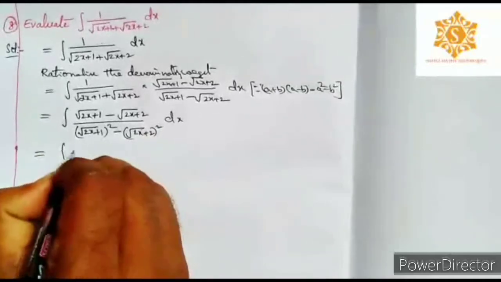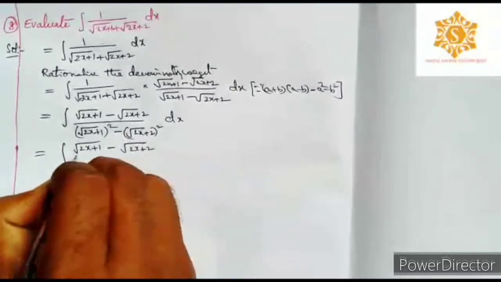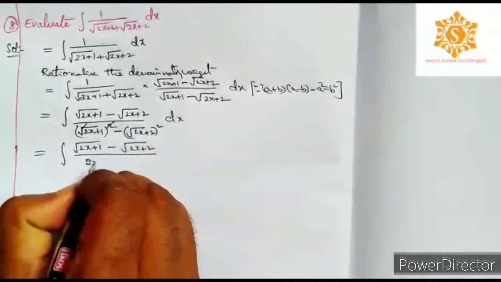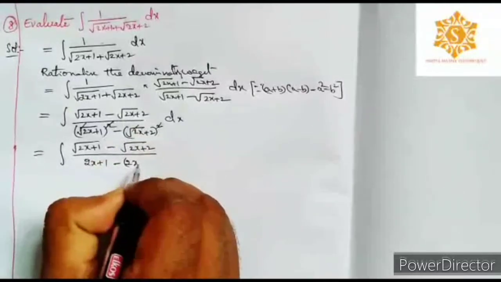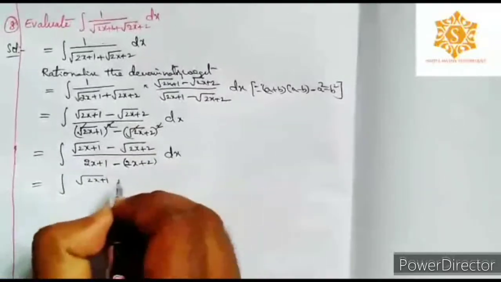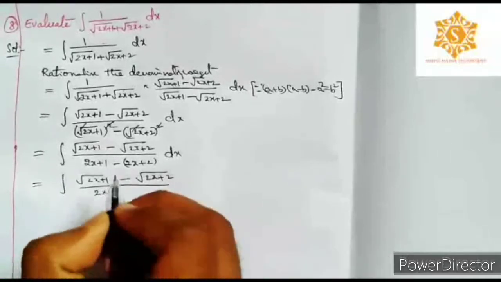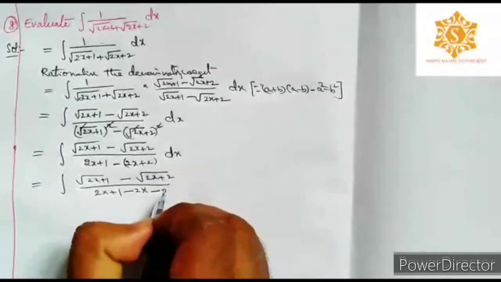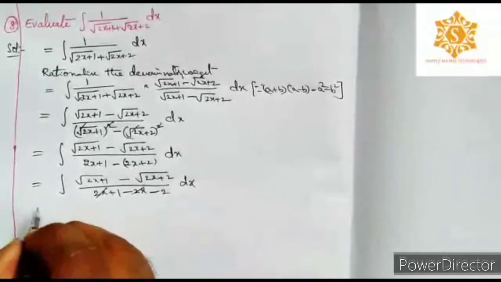So integration of square root of (2x+1) minus square root of (2x+2) by square root of (2x+1) whole squared, square and root cancel, remaining we have 2x+1, minus, square and root cancel, remaining we have minus of (2x+2), into dx. So integration of square root of (2x+1) minus square root of (2x+2) by 2x+1 minus 2x minus 2, into dx. 2x minus 2x cancel, 1 minus 2 value is minus 1.